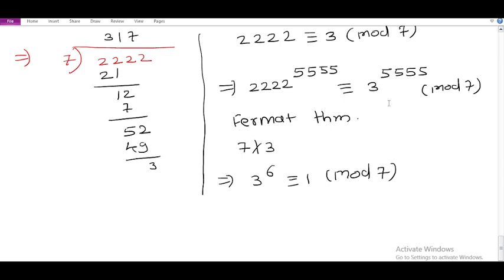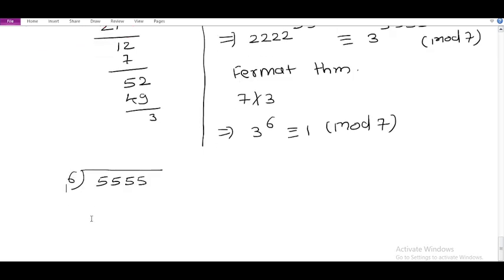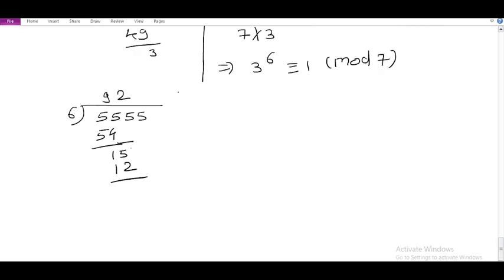Now we want to reach up to 5555. Suppose we divide this 5555 by 6, we get 925 and the remainder is 5.